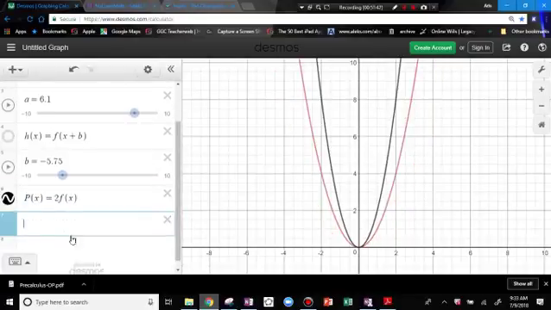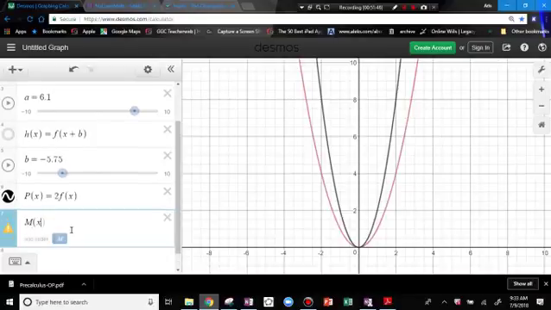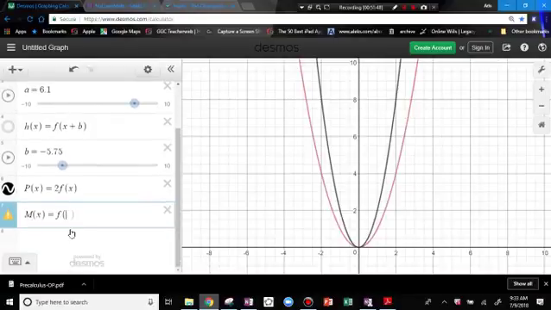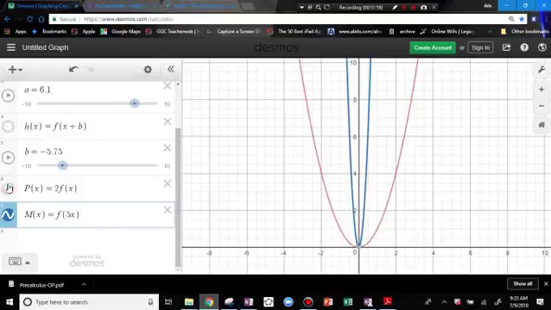All right, now I'm going to do this same thing on the inside though. M of x equals f of 5x. F of 5x shrinks it horizontally. Well, why is that? It's like when you put the 5 in there, right?